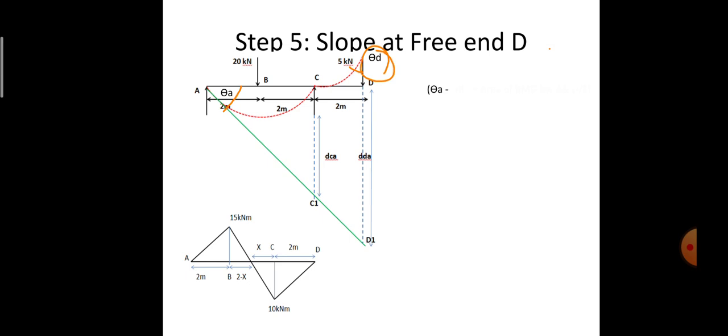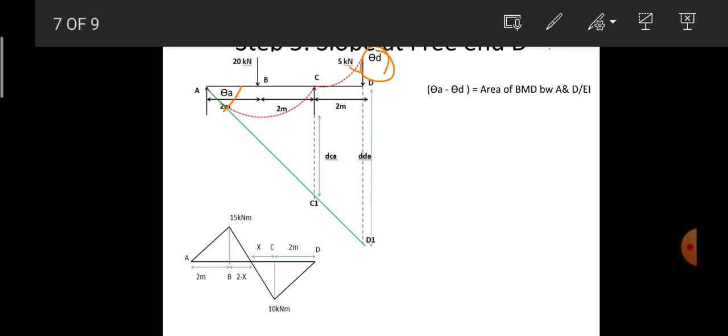Here theta A minus theta D can be equated as the area of the bending moment diagram between A and D, divided by EI. If I take the reference of the bending moment diagram, I have the individual figures as 4 triangles between A and D: 1, 2, 3 and 4.